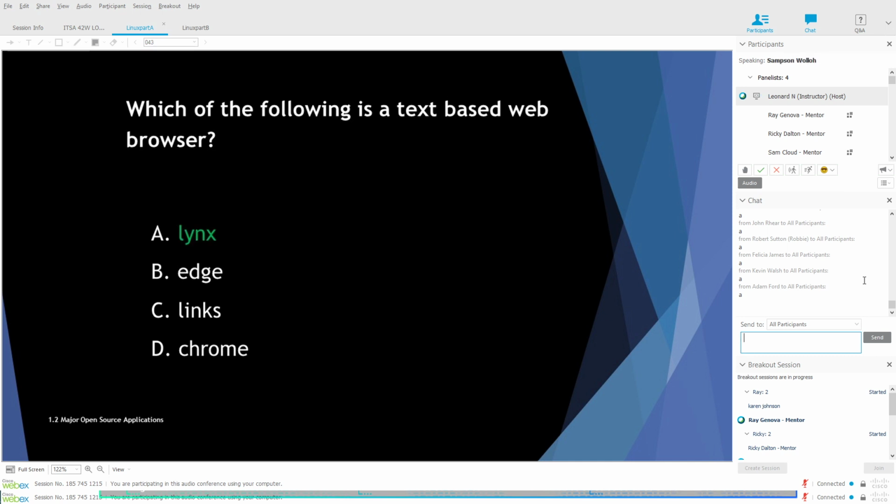It is fairly easy in Linux because in most cases, things are named after animals. In case you guys haven't noticed that. So it is links, like the Bobcat type, links.